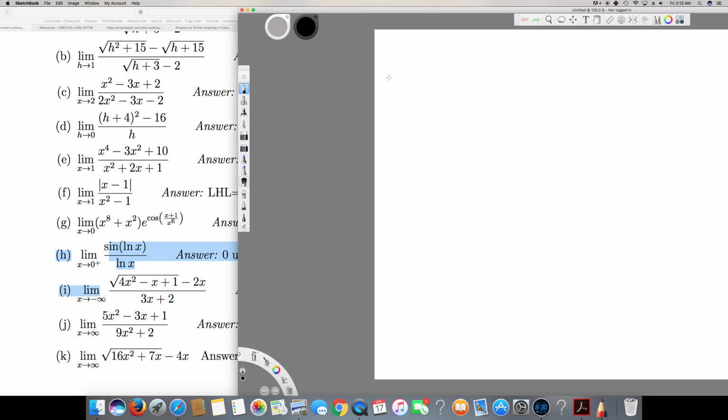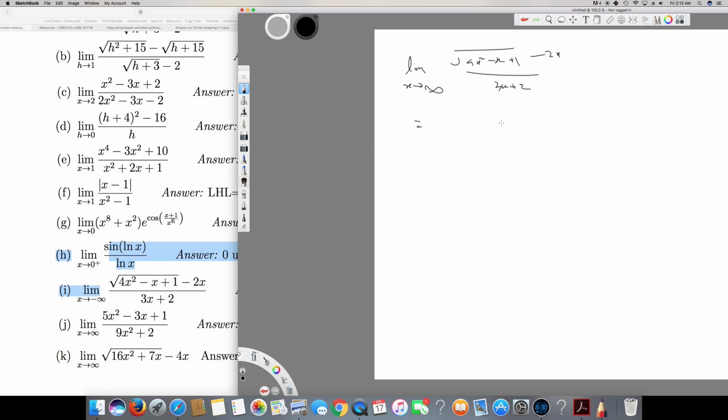And the next question is asking the limit as x approaches negative infinity, and they have given this question: square root of 4x square minus x plus 1 minus 2x over 3x plus 2, right? In this case, first of all, I have to divide by the highest power.